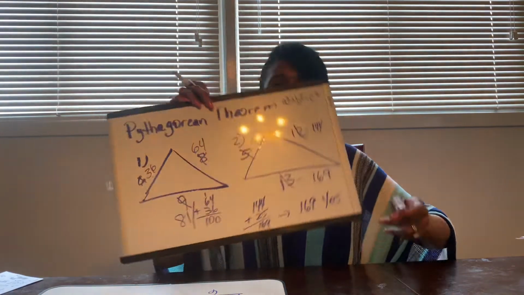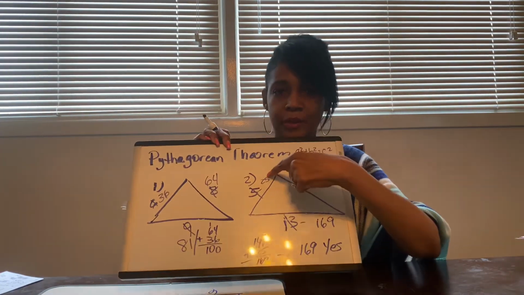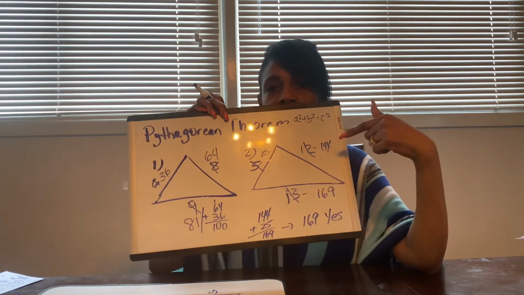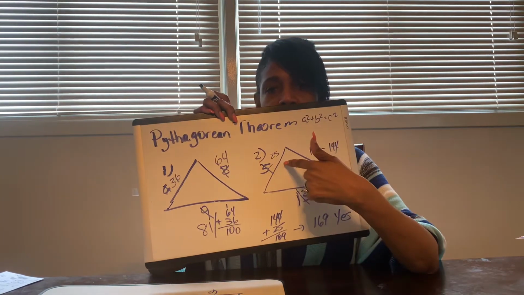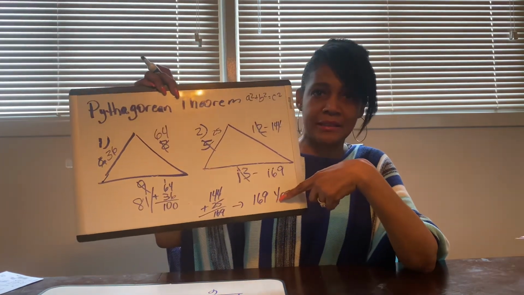All right, so we added them up together. I added up 144 and 25. So I added up my two shorter sides right here. So 144 and 25 added up to be 169.